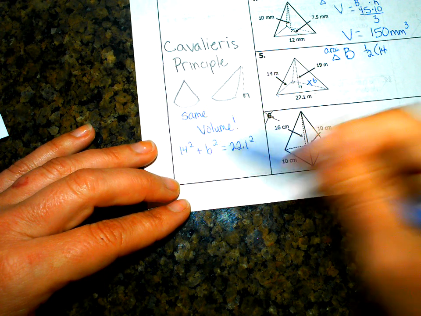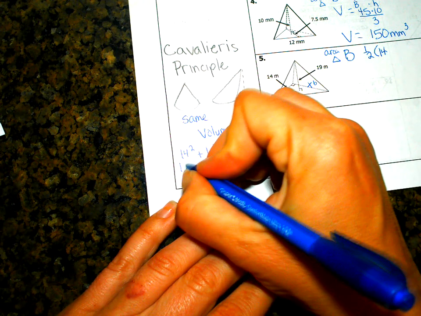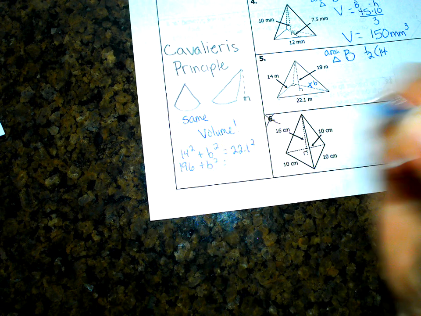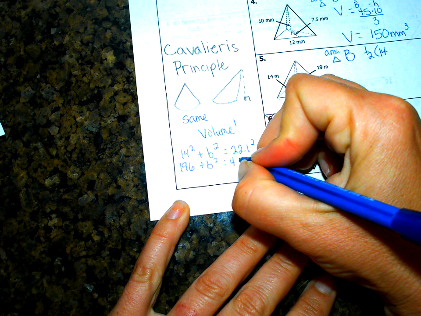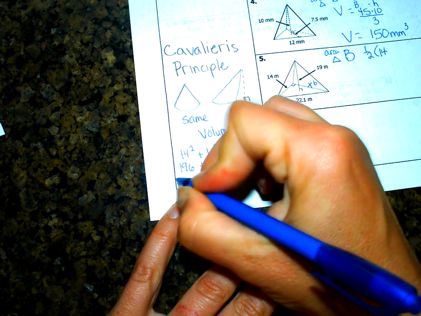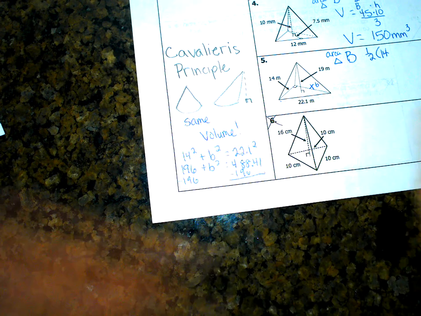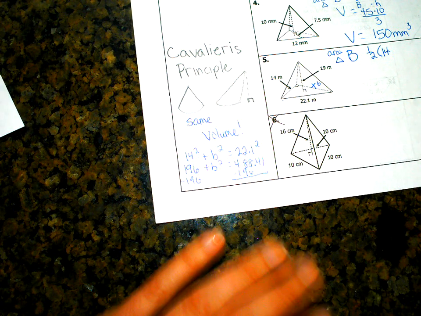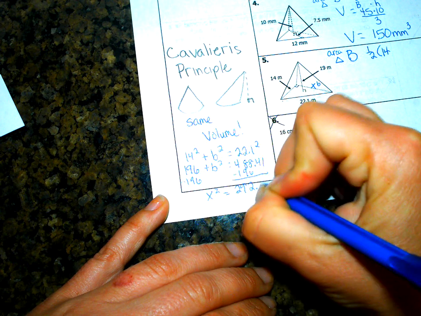Okay, so 14 squared, 196. And 22.1 squared, 488.41. Subtract 196. Make sure you put the whole number in the right spot. There is no decimal. Anyways, I get X squared equals 292.41.